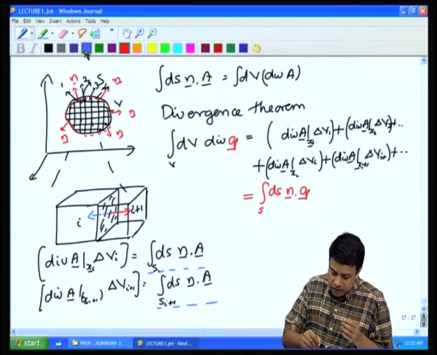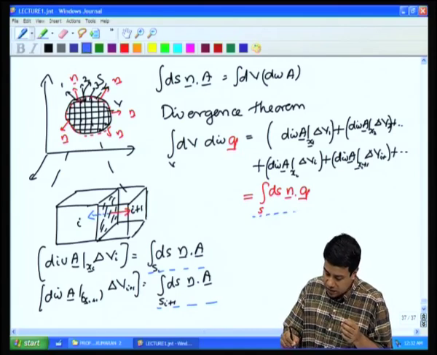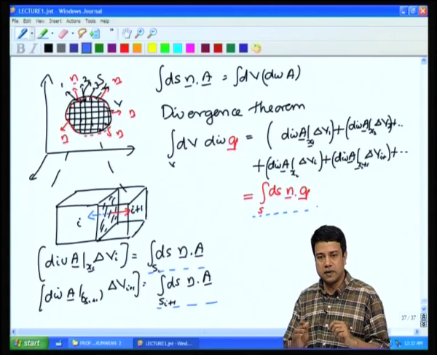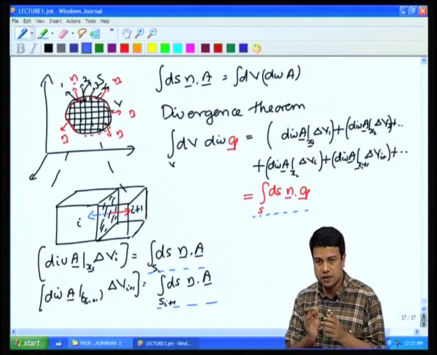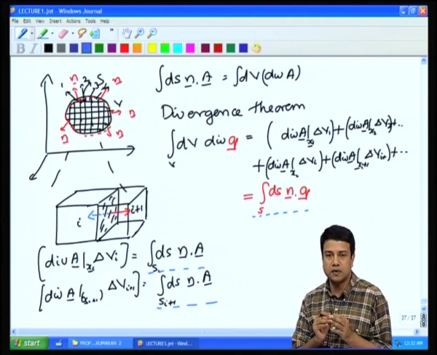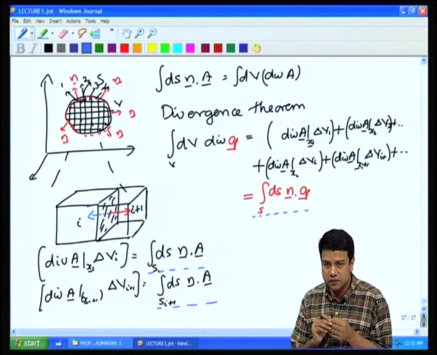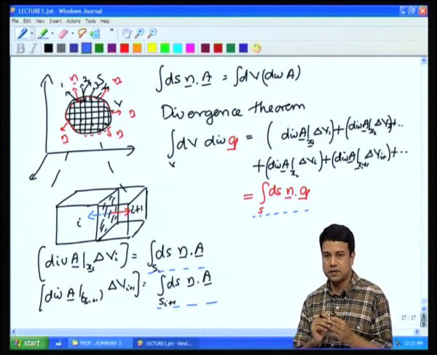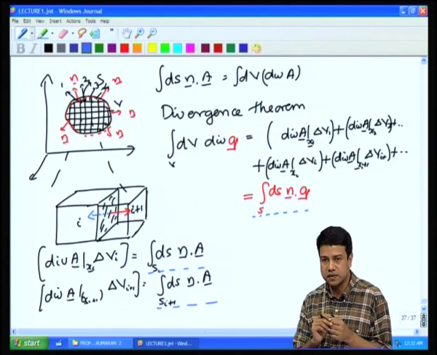You can find the value of this integral just by knowing the values of this vector along the surface alone. That is the physical implication of this statement: the divergence of Q integrated over a volume does not depend upon the value of Q within that volume, it depends only upon the value of Q on the surface.